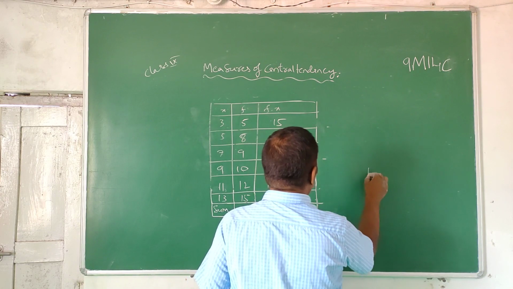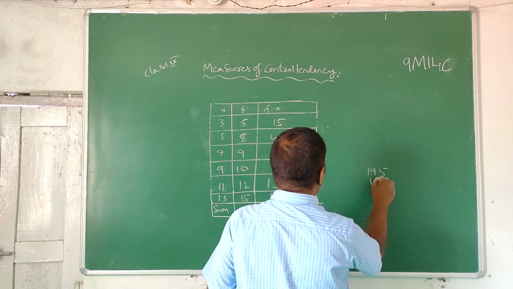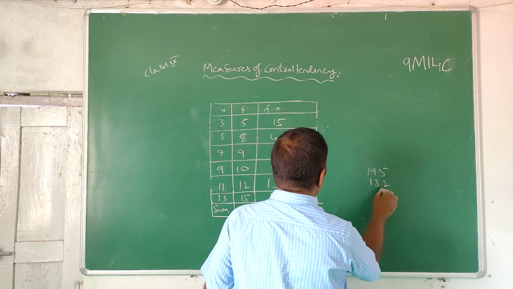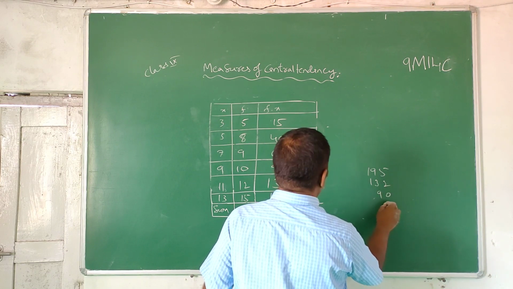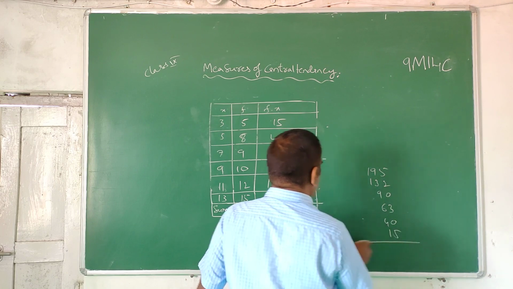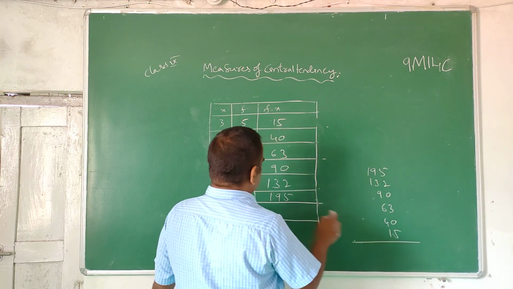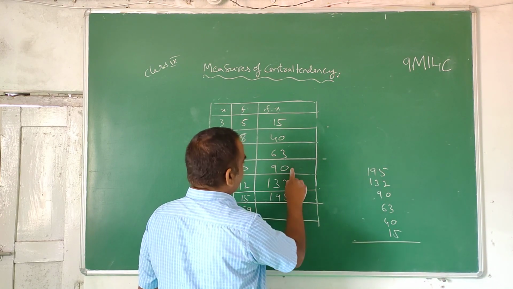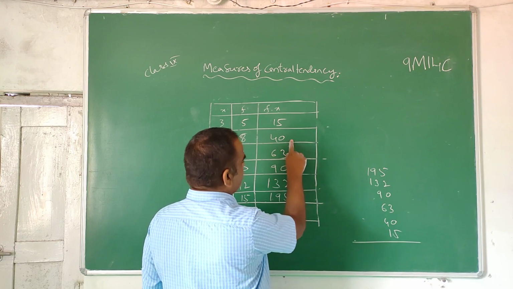So now let us see the products 195, 132, 90, 63, 40, 15. Now let us add them. 195, 132, 90, 63, 40, 15.